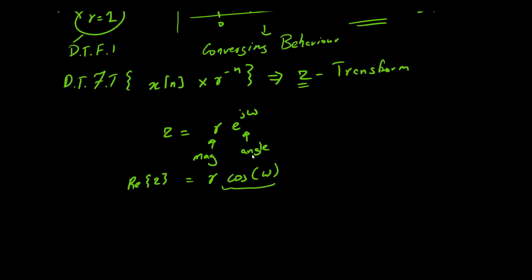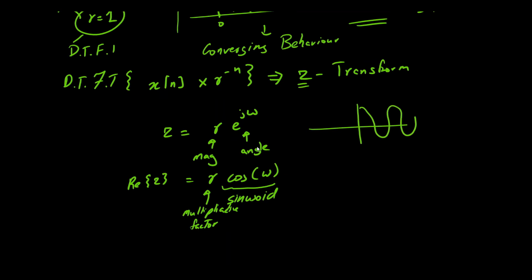Now this is a sinusoid and this is a multiplicative factor. So we have a sinusoid function which is being multiplied with r.